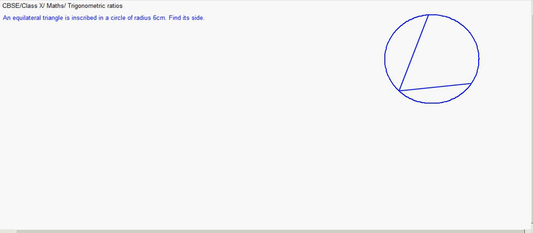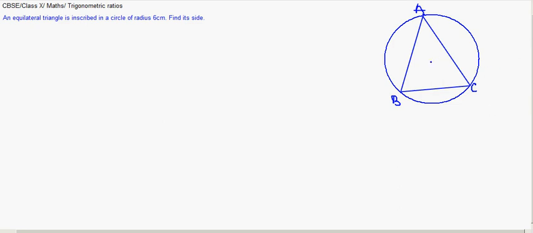I'll try to make, though not accurate, at least one that looks like an equilateral triangle. Yeah, this looks more like one. Let me name this, maybe A. This is B. This is C. I have to draw the center as well, maybe here.